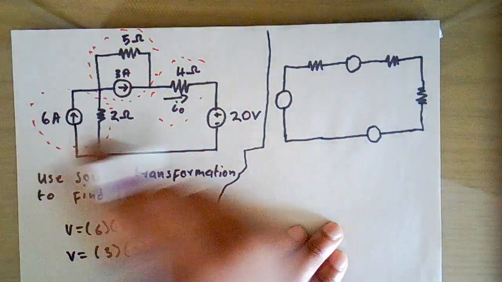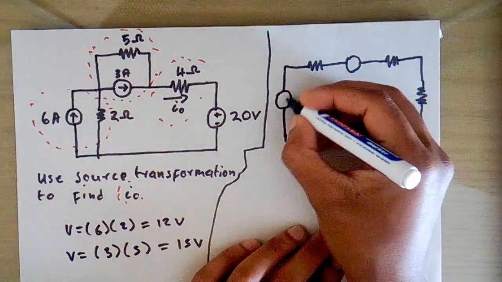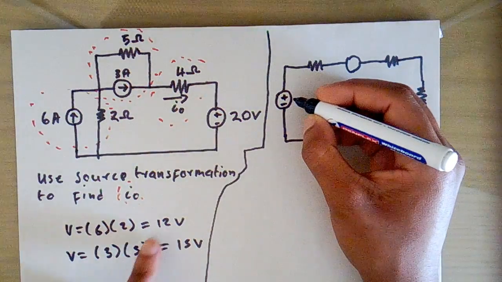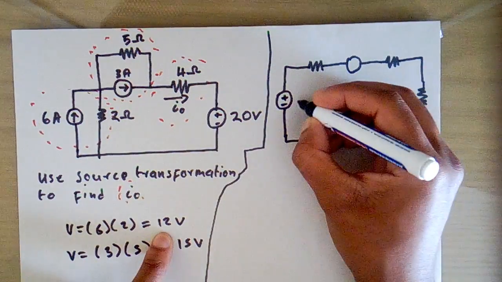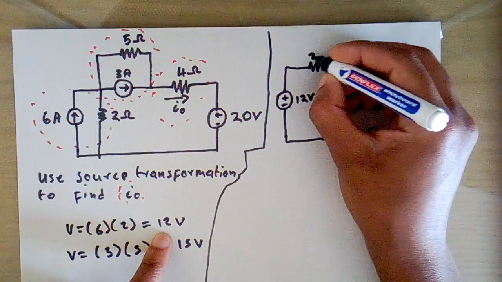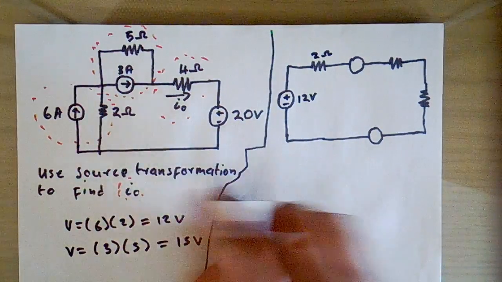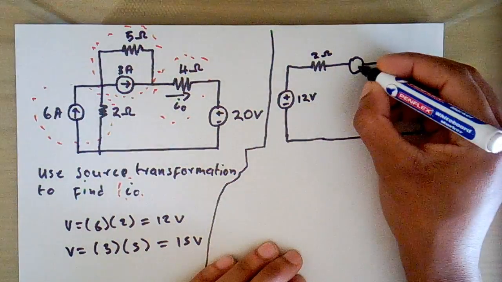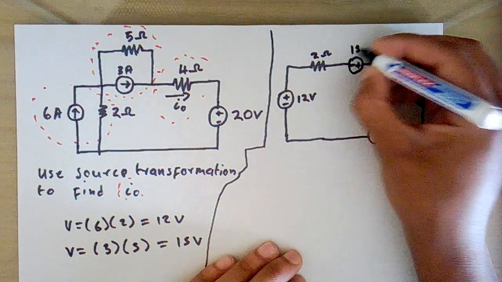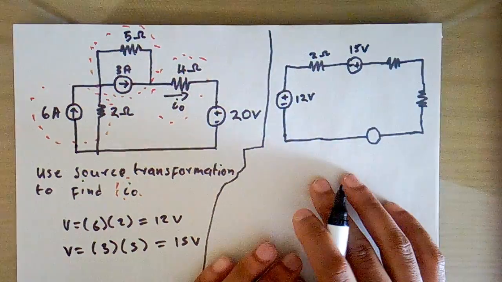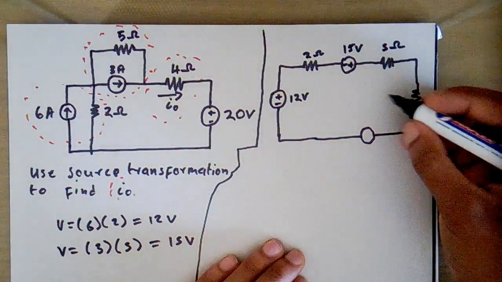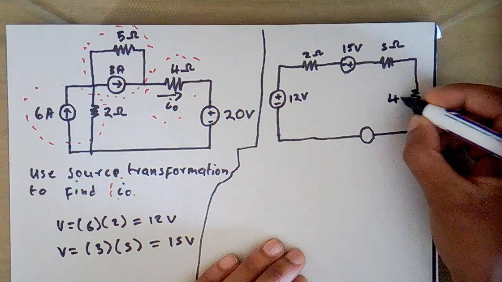Since our arrow is pointing up in this direction, this is positive, this is negative, and this is our 12 volt, and this is our 2 ohm resistor. And since this one is pointing in this direction, this is positive and negative, and this is our 15 volt, and this is our 5 ohm resistor, and this is our 4 ohm resistor.